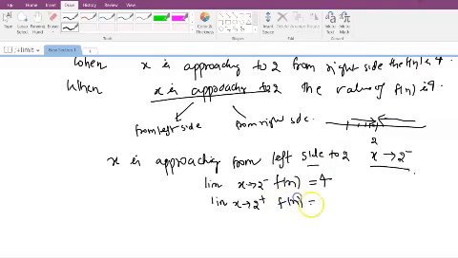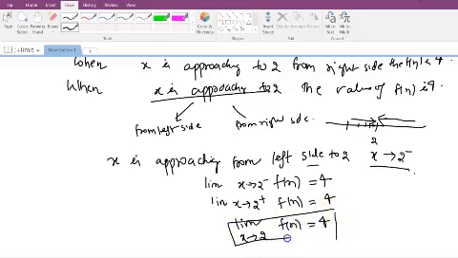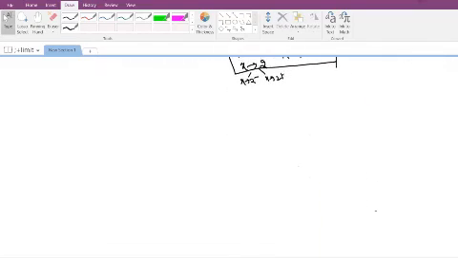The limit of your function is 4. So we can also say that the limit as x approaches 2 of f(x) is 4. And if someone asks from which side, we can say from either side. And it contains the meaning that from the left side and from the right side, the limit is the same. So this is what the concept of limit is.